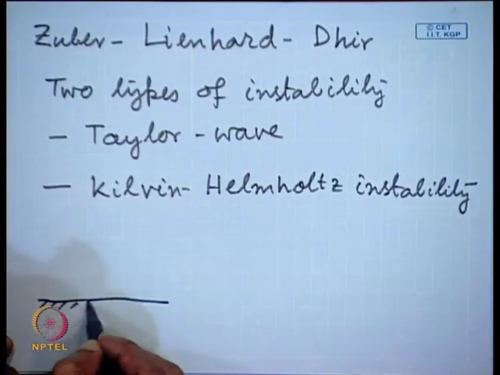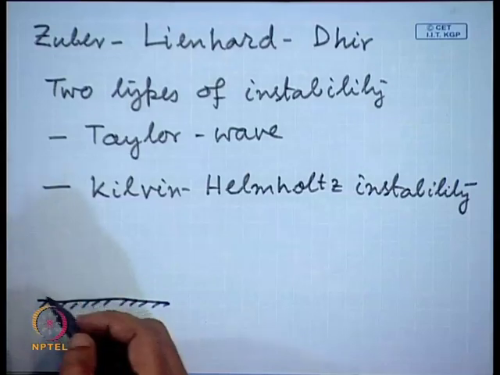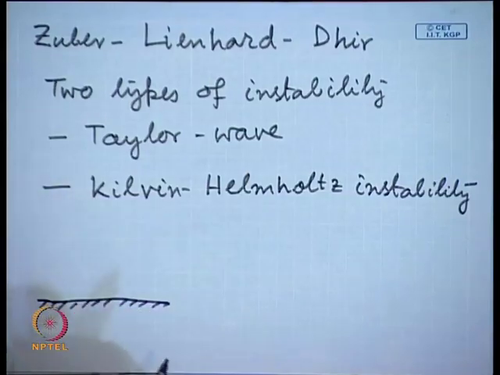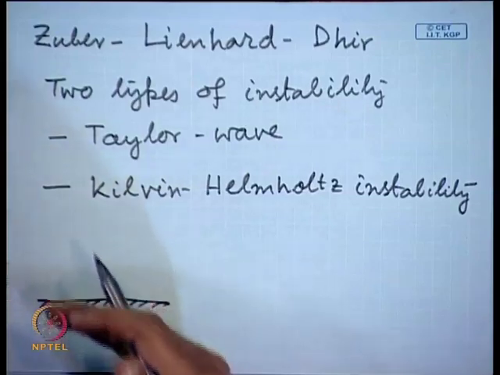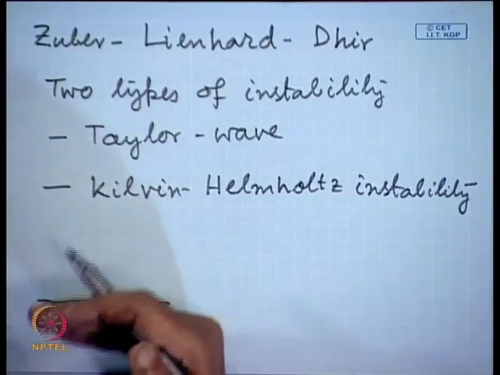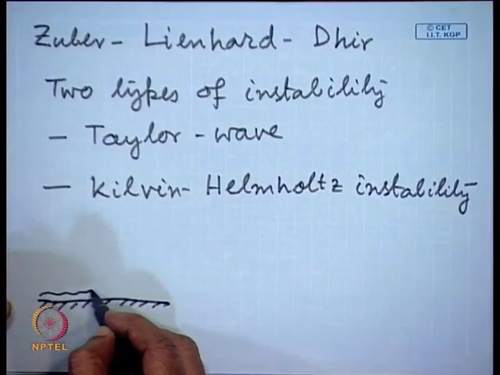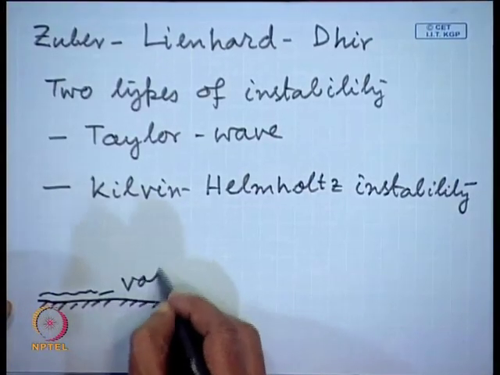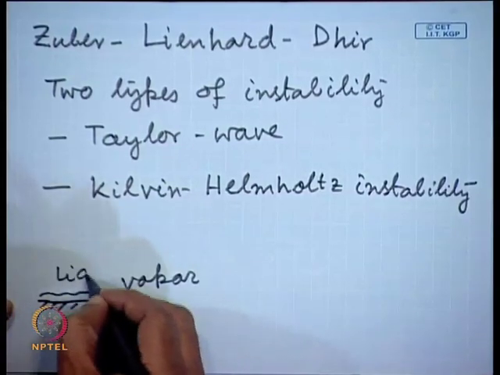Suppose this is a horizontal surface. This is a horizontal surface. Here the bubbles are forming. The bubbles are forming, but let us say somehow they cannot immediately leave the surface. Then what is happening? We are having some sort of a vapor, and at the top we are having liquid.